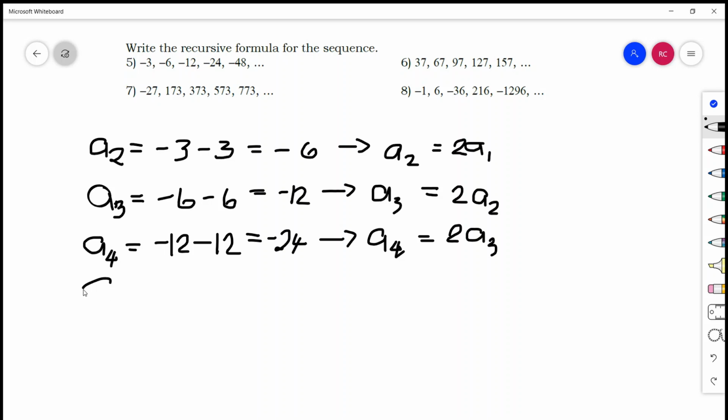And our fifth term is negative 24 minus 24 is equal to negative 48. And negative 48 is just twice the 24.